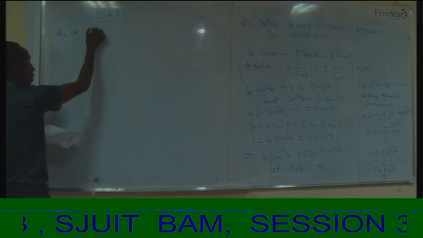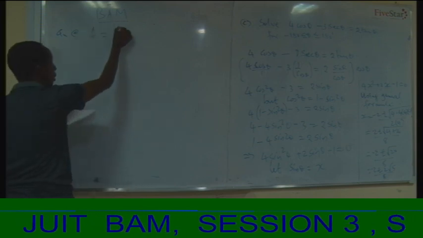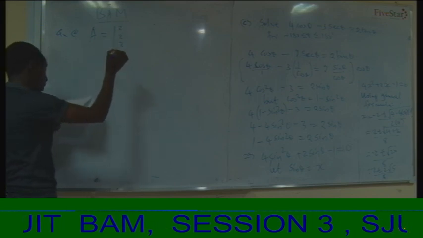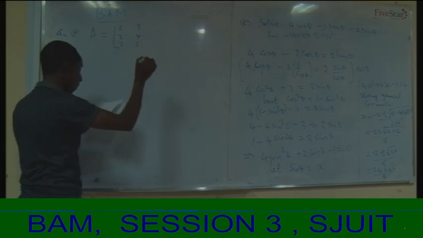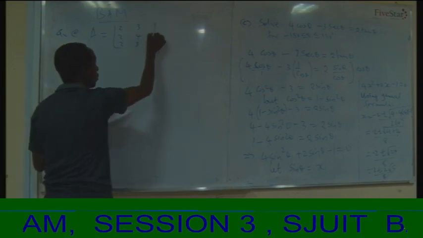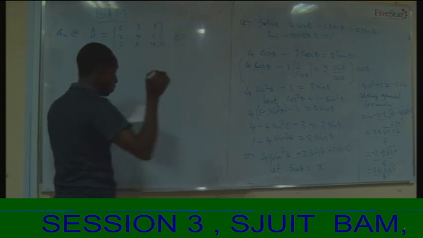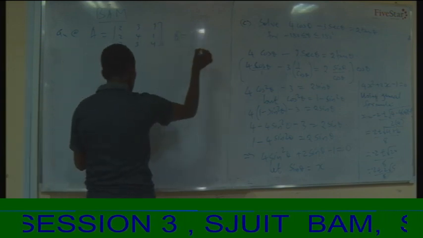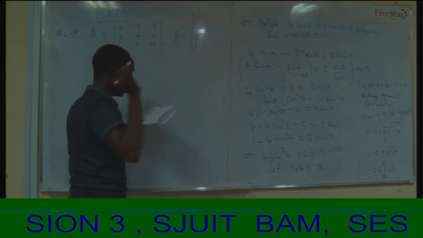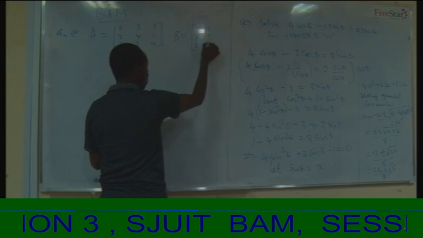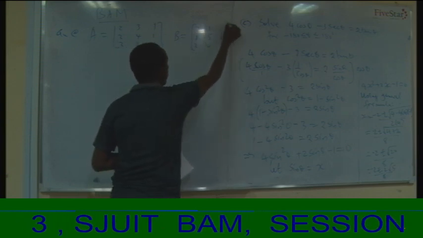We are given two matrices. A is the matrix with entries 2, 2, 3, 4, 3, 1, 1, 4. And we are given matrix B, which is the matrix 2, 1, 2, 1, 5, 4, and 3, 0, 2.